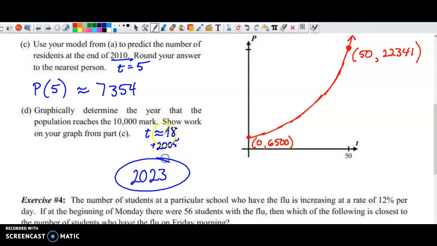And it wants you to show that mark on your graph. Basically what it's saying is, okay, what if you made a population of 10,000? Then it would be about year 18. And I did not do my graph very well, so that doesn't really look right, but that's okay.